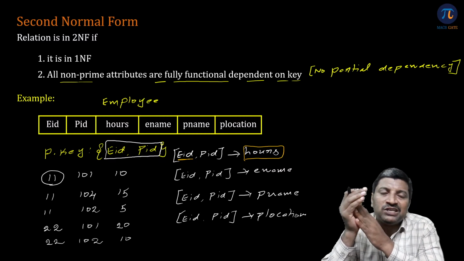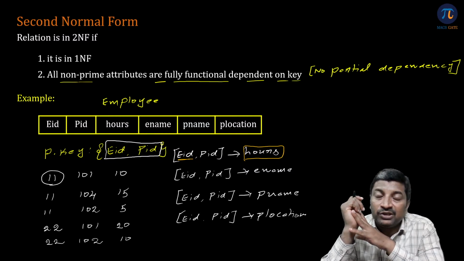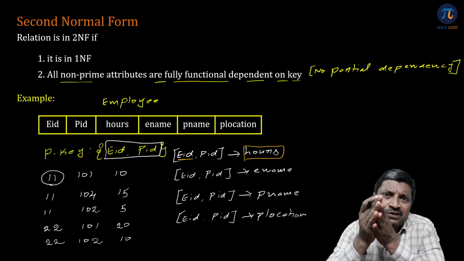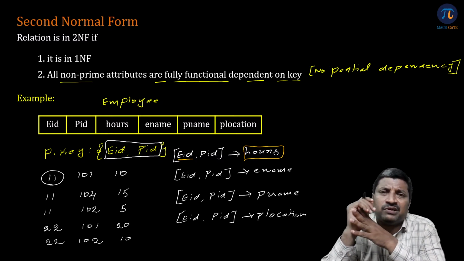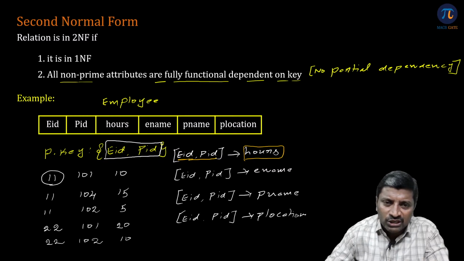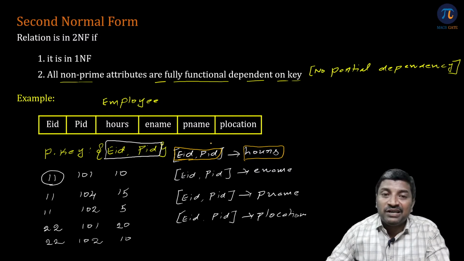Similarly, suppose I given only project ID. Can you give the hours of the particular record? No, sir. For the same project ID, I may have multiple number of records in which so many employees has worked. So to find the number of hours, compulsorily I need to know these two values. That means hours is completely dependent on these two.